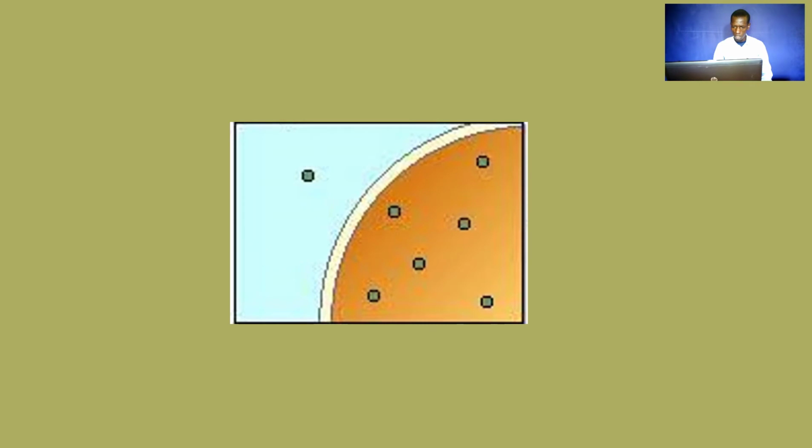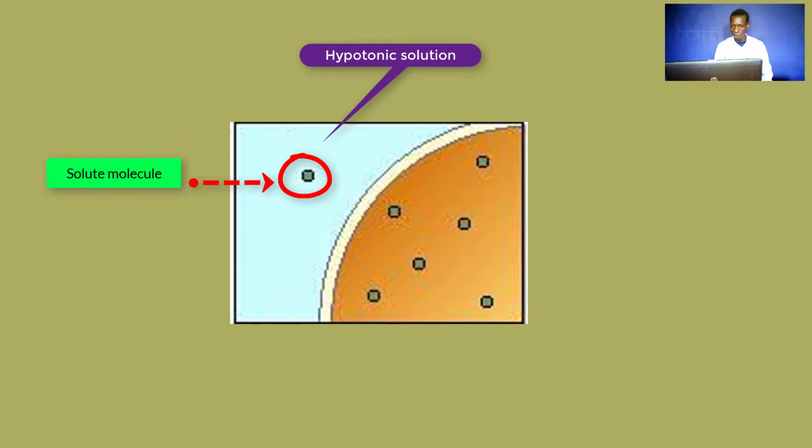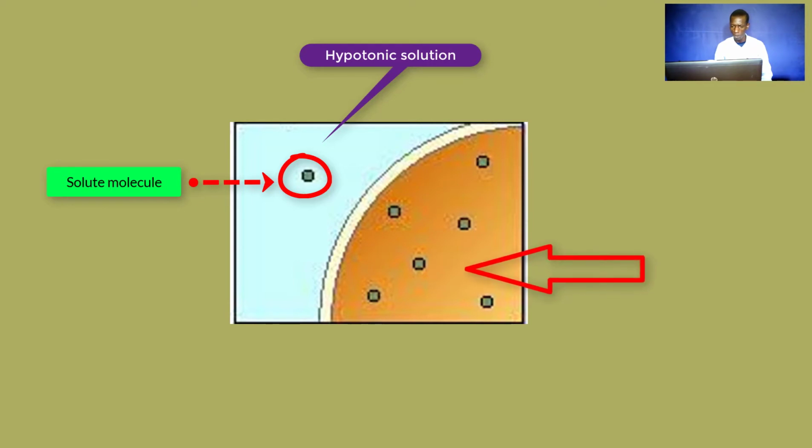When you look at this first diagram over here, there is only one dark granule which represents the solute molecule. Therefore, it shows that this is a lowly concentrated solution. Look at this inner side here, which is represented using a brown color.